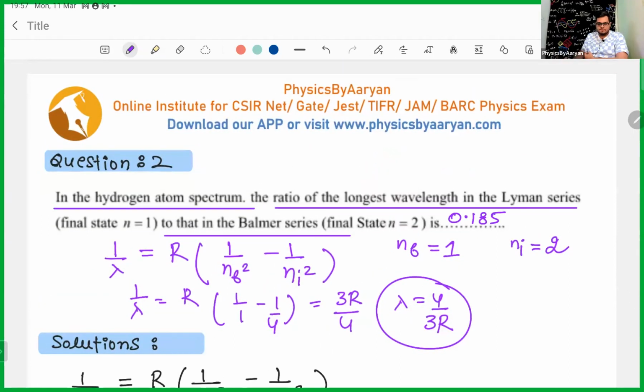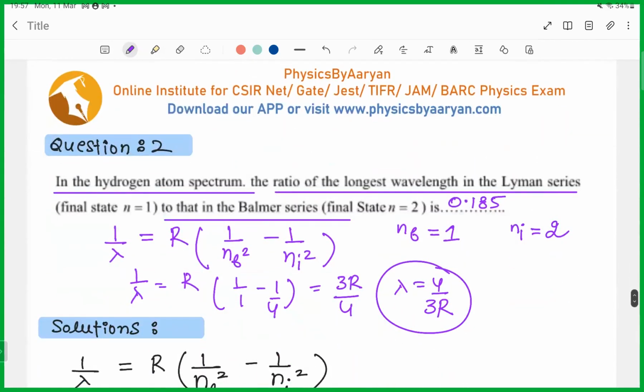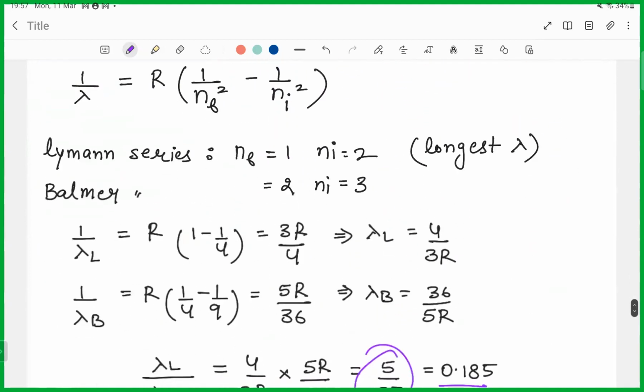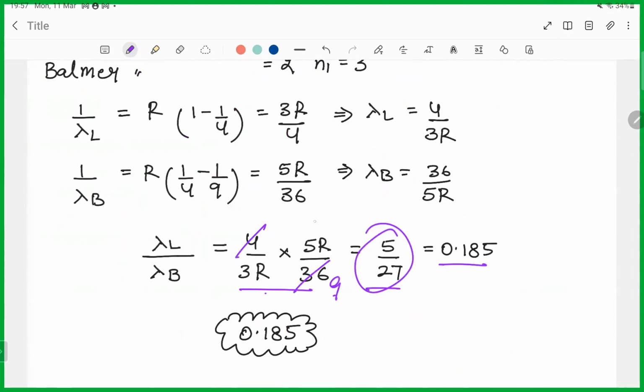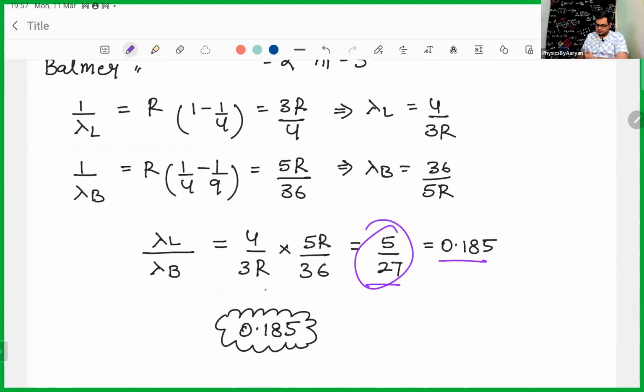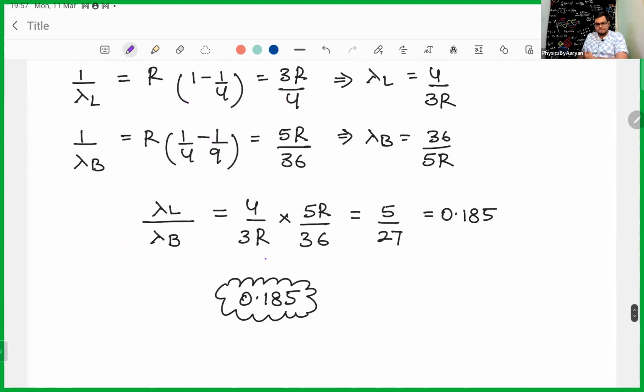Sir, I got the procedure, but finally it is 5 into 4 by 36 into 3, right? So this will be 9, right? So 9 into 3, 27, 5 by 27. Yes, right value. Okay, so 5 by 27.